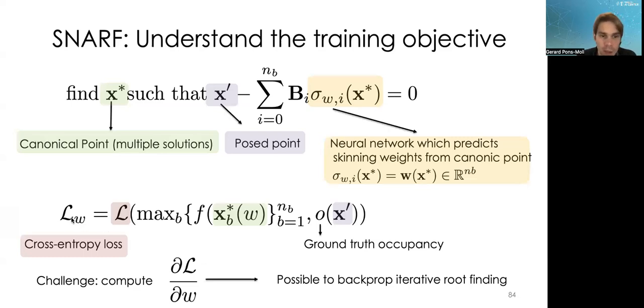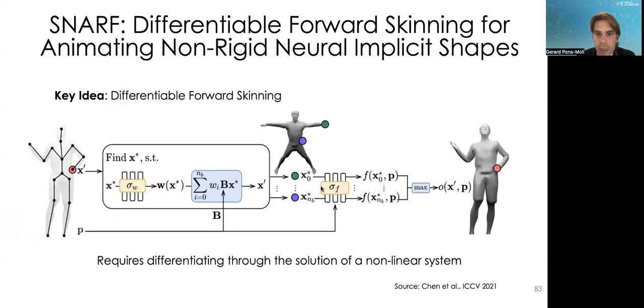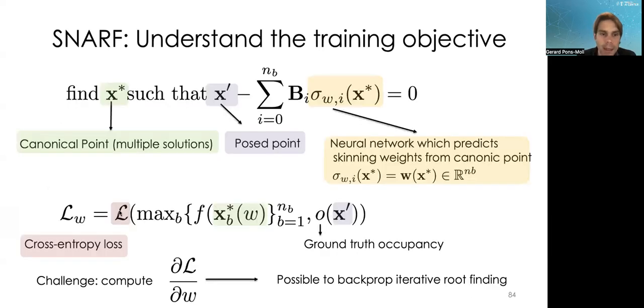Now we have a loss here, and the loss is the loss of these neural network parameters, actually also of the parameters of sigma f, but I omitted this here, sigma f being this occupancy network in the canonic space. And so here you have a cross entropy between what?